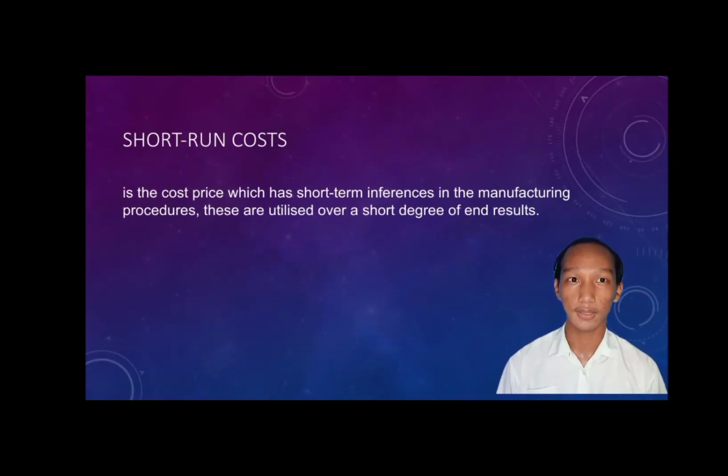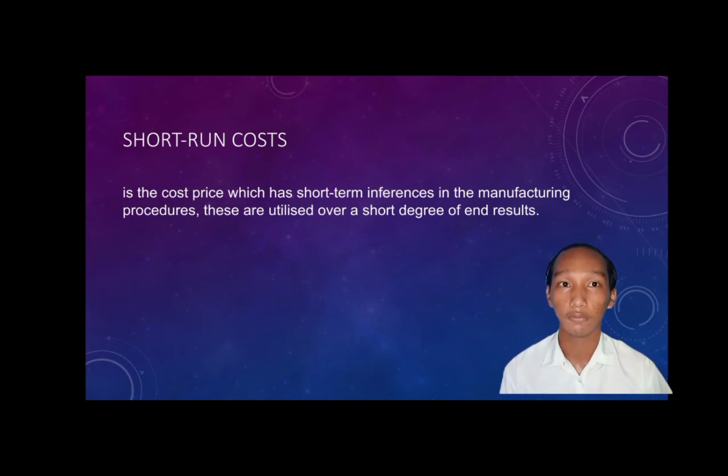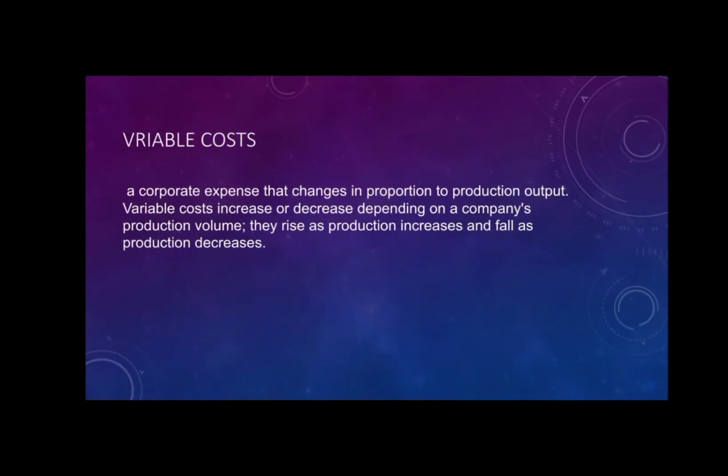Short-run cost is the cost that we can no longer recover because we have already spent it, for example payment of wages and the cost of raw materials. It happens in a short period of time, like in the process of manufacturing goods. Variable cost is a corporate expense that changes in proportion to production output.